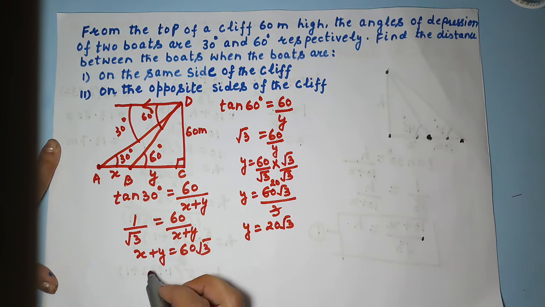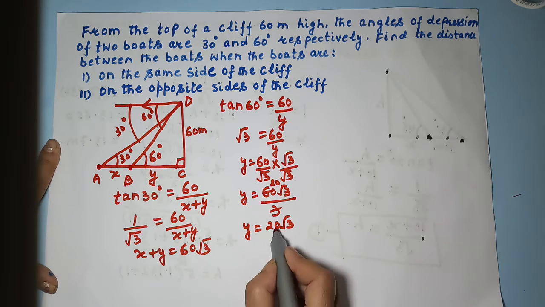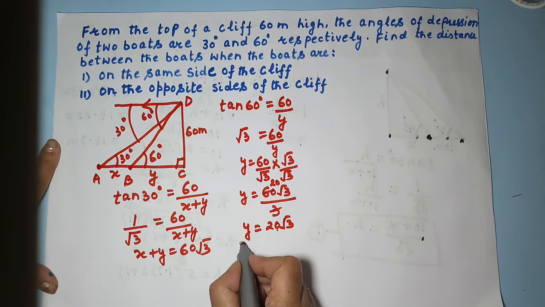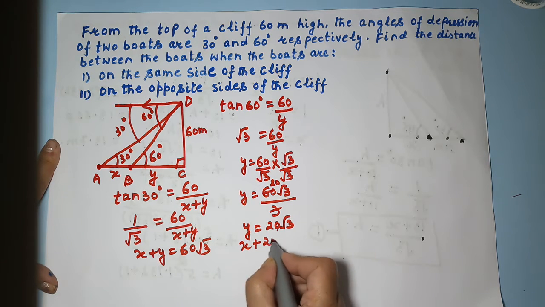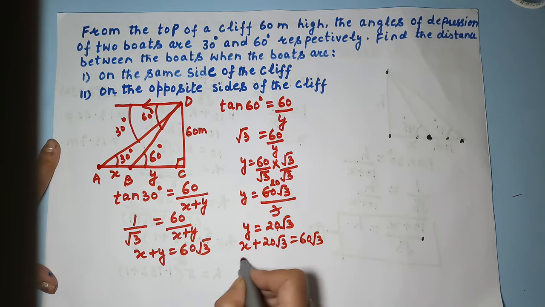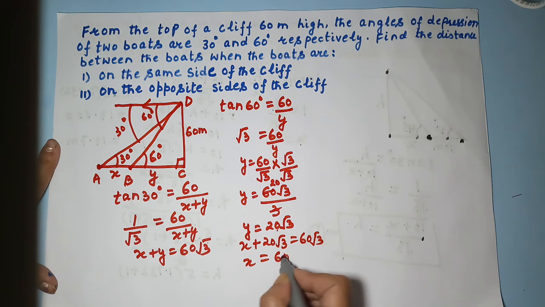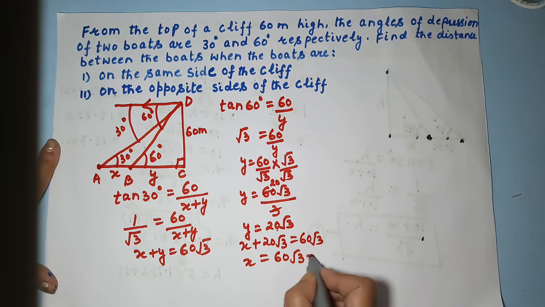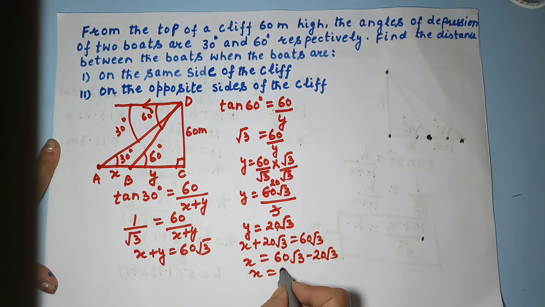So what I will do is, I will replace y here by 20 root 3. So x plus 20 root 3 is equal to 60 root 3. So my x will be 60 root 3 minus 20 root 3. So my x will be 40 root 3.